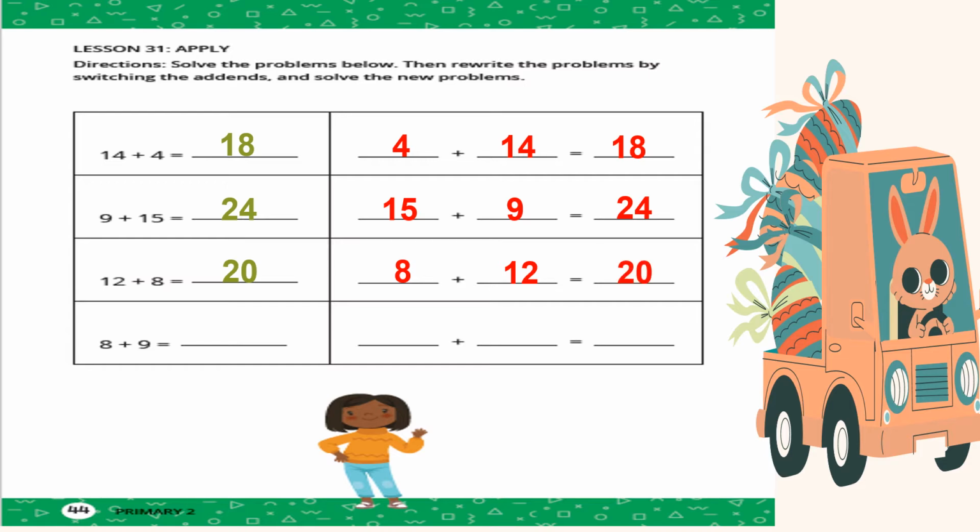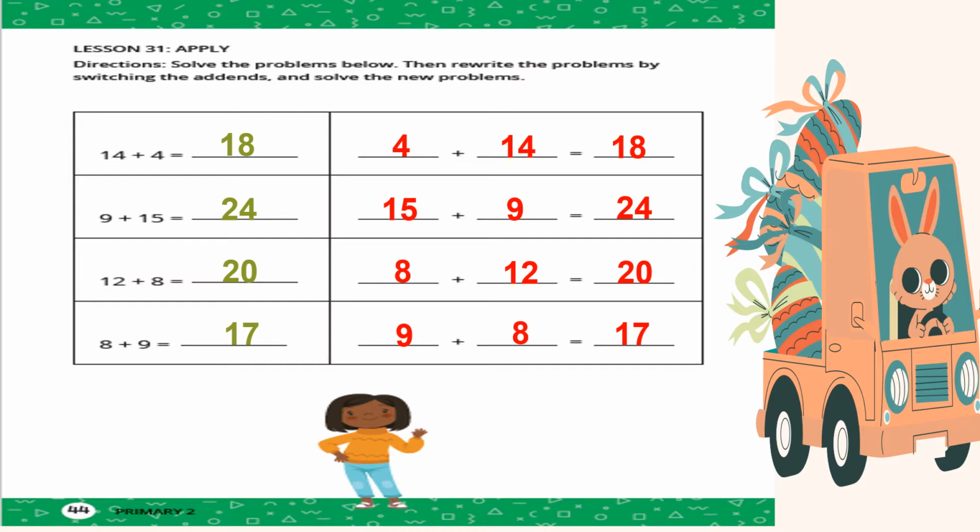Number 4, 8 plus 9. After 9: 10, 11, 12, 13, 14, 15, 16, 17. 8 plus 9 equals 17. Let's switch our addends. 9 plus 8 equals 17. Now open page 44.